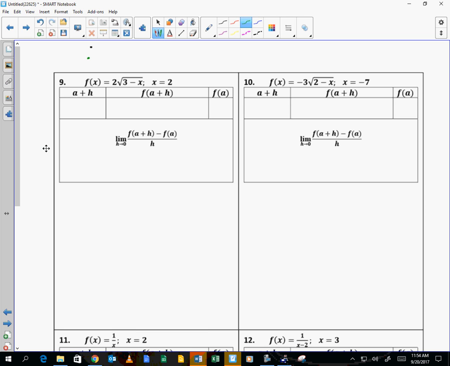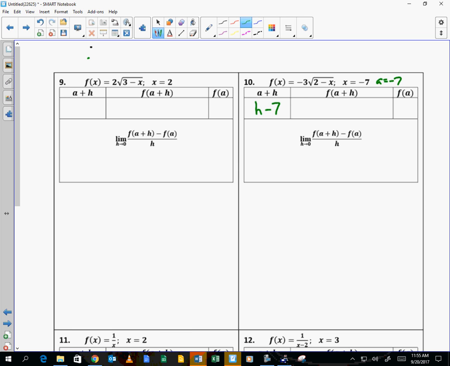What is a plus h? I'm going to write it as h minus 7. Are you okay with that? Instead of negative 7 plus h, I'm going to do h minus 7. So, Michael, we're calling this our a value. So we have negative 7 plus h, which is h minus 7.